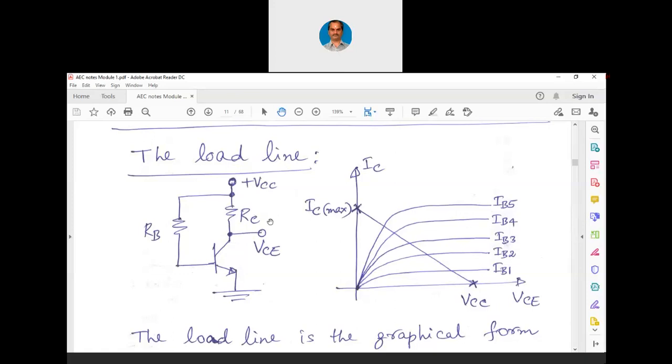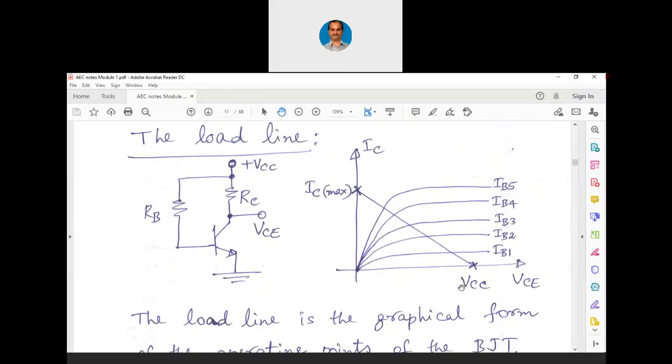When IC max is VCC by RC, naturally the slope of the load line is 1 over RC. So the manufacturer would have given this particular characteristic curve, and we will have to design this particular circuit using a transistor. So naturally we have to choose the values of RB and RC using these design criteria.